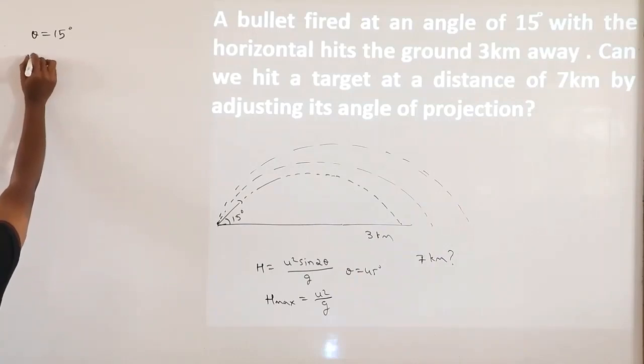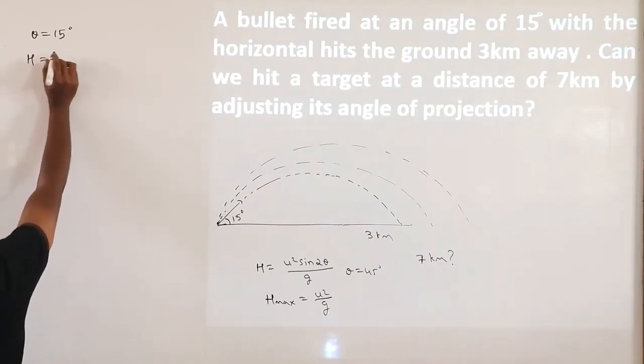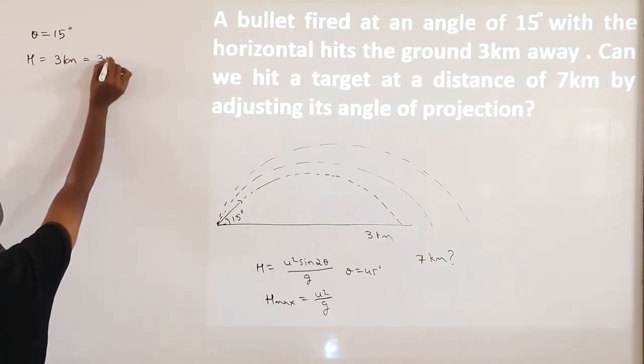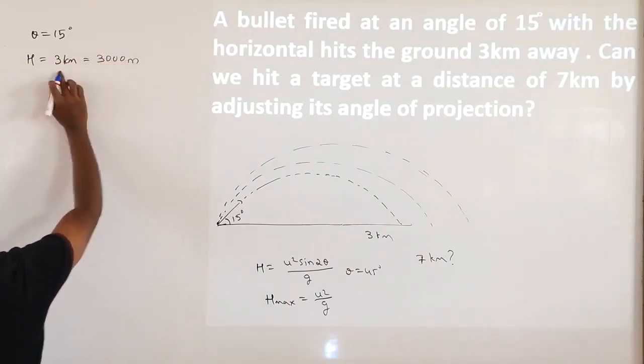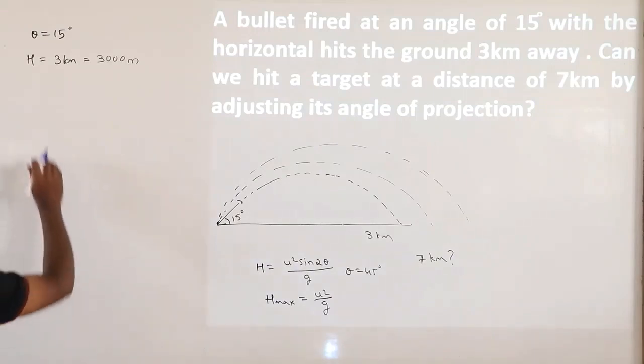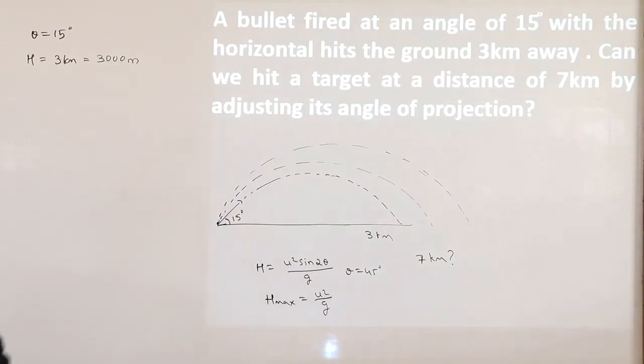Horizontal distance is 3 kilometer, or simply you can say 3000 meter. I am converting kilometer into meter. If you don't want to convert, no problem, it's okay, because both are in kilometers. So what is the velocity? Velocity is not given, that only we have to calculate.